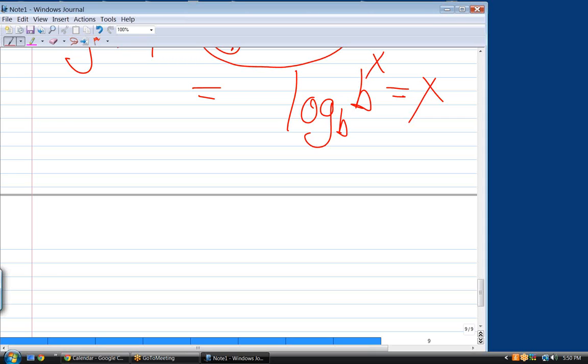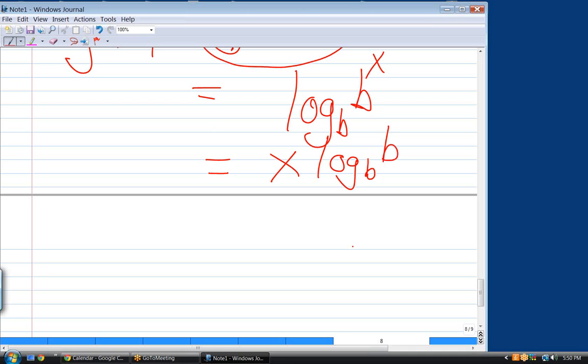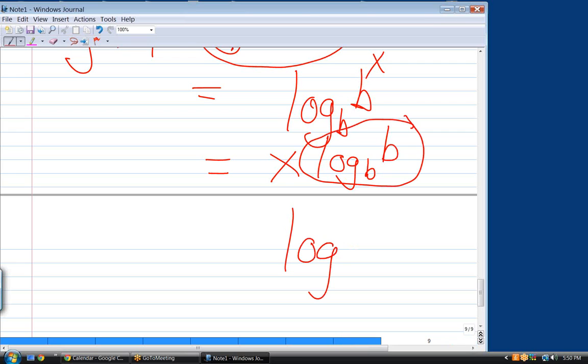Notice that if I wanted to, I can take this x and put it down here. So this thing is equal to the same thing as this, and that is always equal to 1, no matter what b is. In other words, if I had the log base 23 of 23, that's always equal to 1.